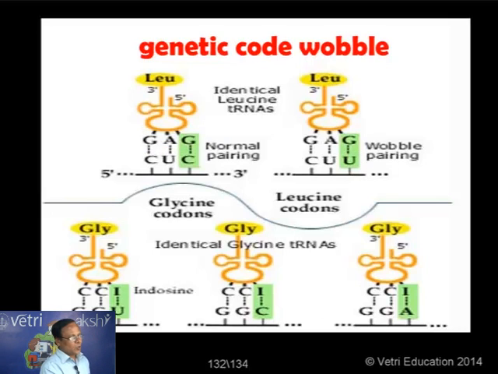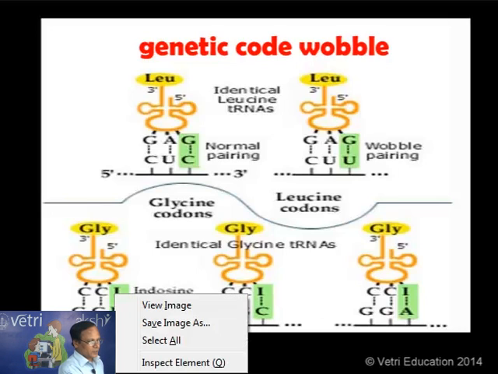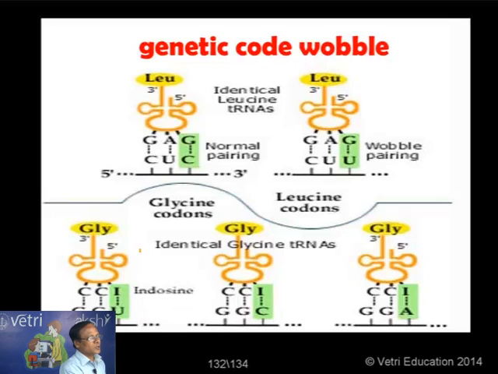This is for glycine, all are wobble pairing only. You see inosine in the third position of the tRNA anticodon can pair with U, with C, and with A. These are all called non-standard base pairing or non-Watson-Crick base pairing. Once again, this is to compensate for the shortage of tRNAs in most of the cells. So these are some of the pictures.